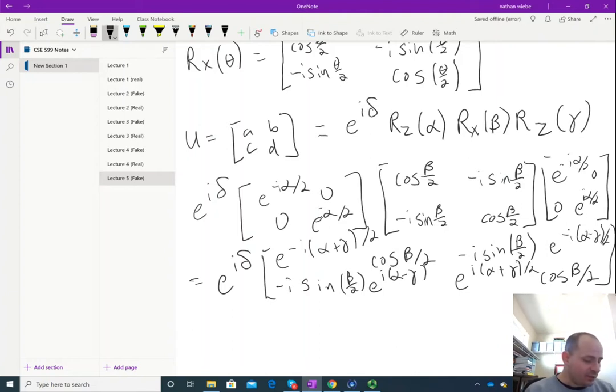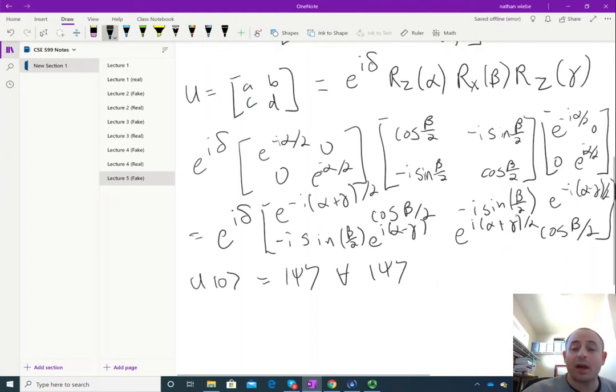Now, what we'd like to be able to do is we'd like to say that we can choose the parameters of this matrix such that U|0> equals psi for all psi.